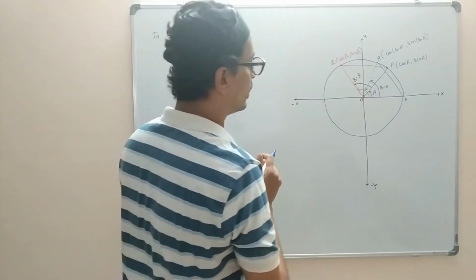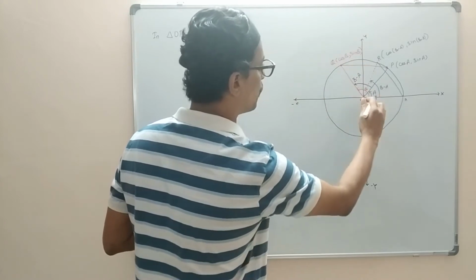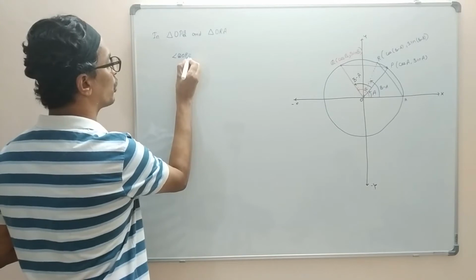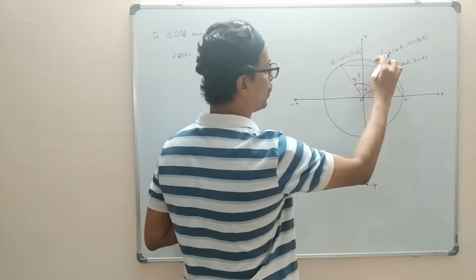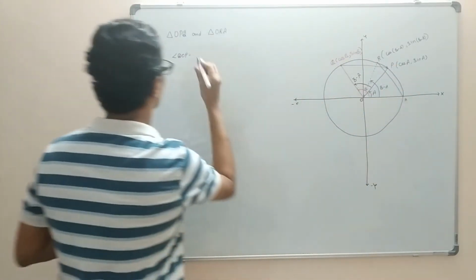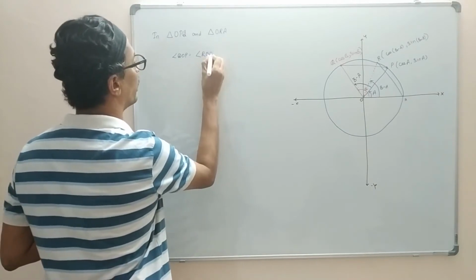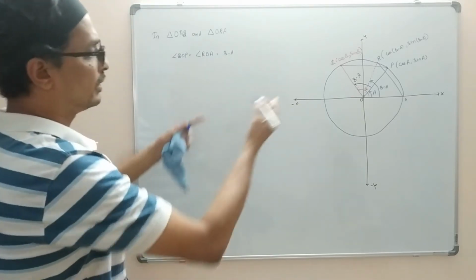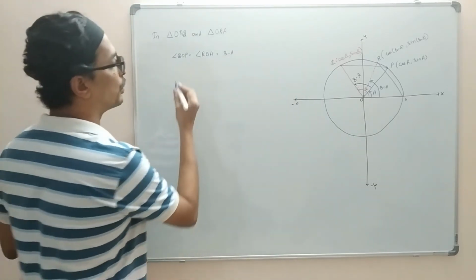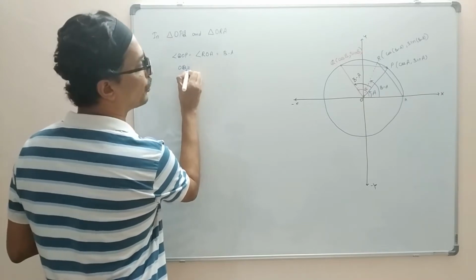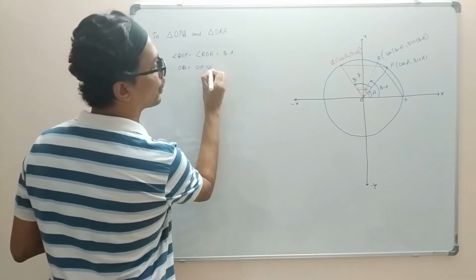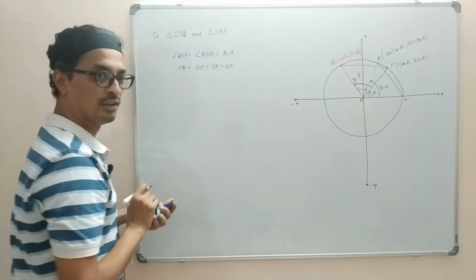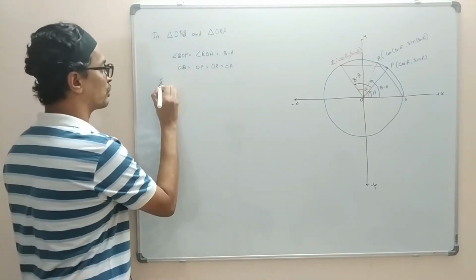Angle QOP is equal to angle ROA, which is equal to B minus A. And the sides are equal: OA equals OQ, OQ equals OP, equals OR, equals OA. So you can use the SAS congruency theorem.